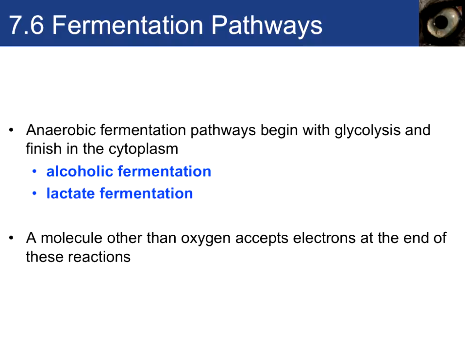And so the anaerobic fermentation pathway begins with glycolysis, and it finishes in the cytoplasm. So this doesn't involve the mitochondria at all. And there are two types of fermentation, and they include alcoholic fermentation and lactate fermentation. So the process of fermentation has a molecule other than oxygen accepting electrons at the end of these reactions.